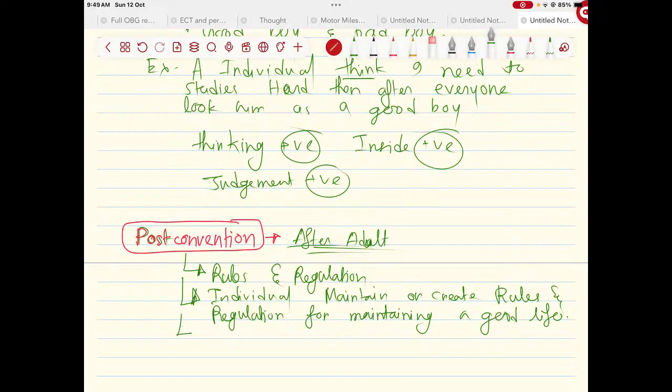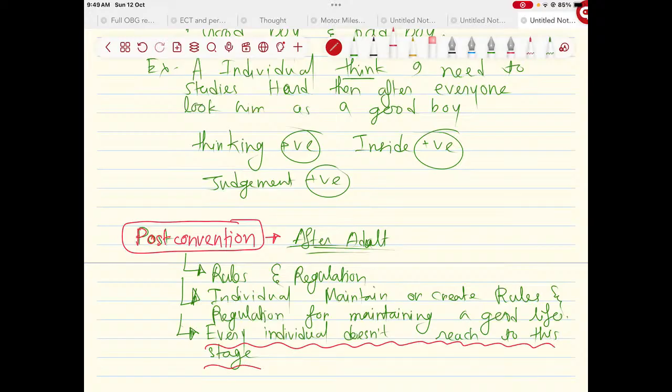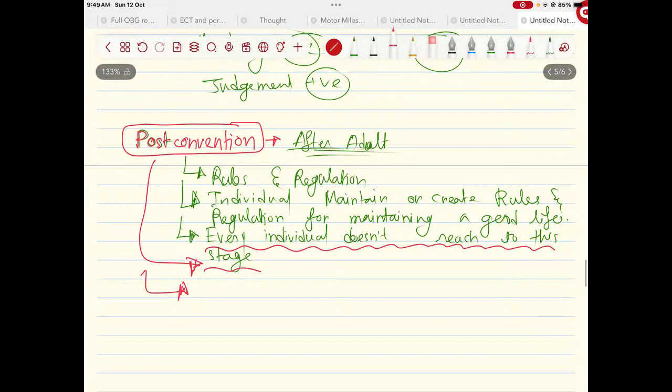One more thing to know: every individual does not reach this stage. It is the post-conventional stage, because this is the most intellectual stage.